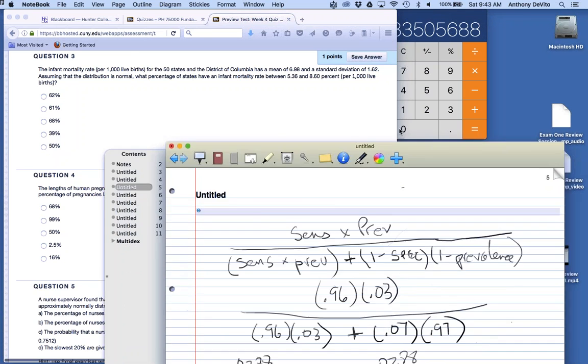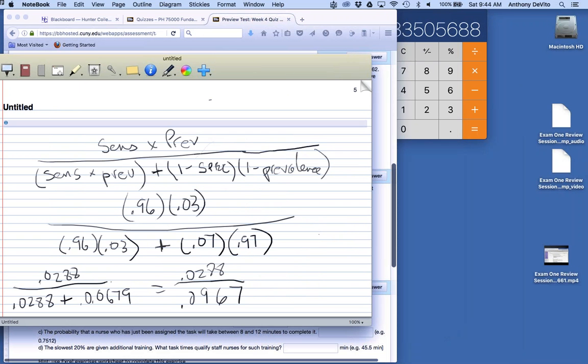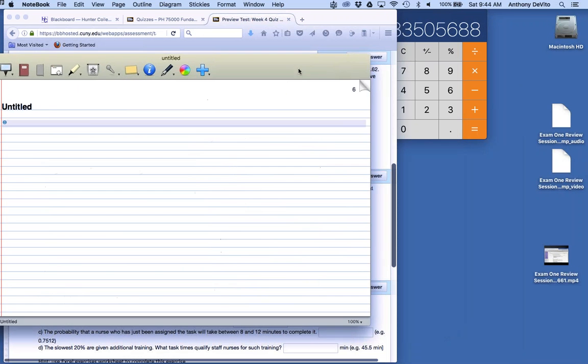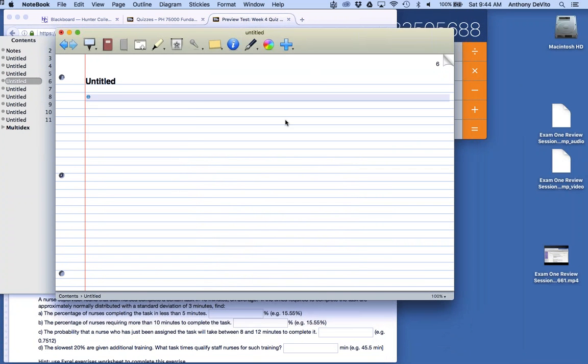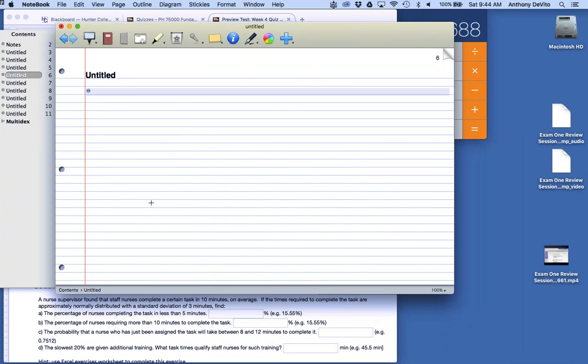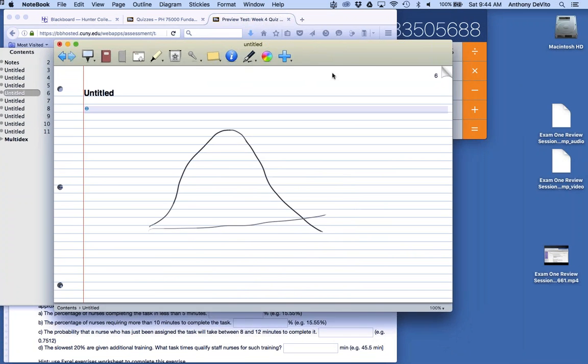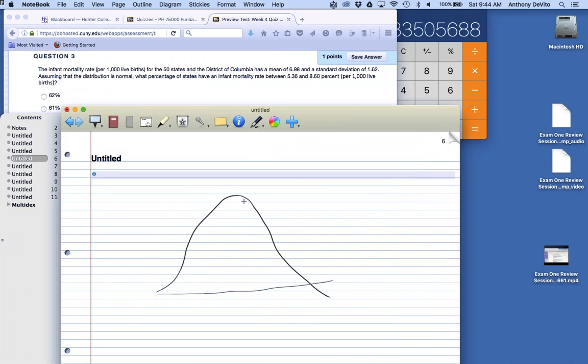I'm going to pull up a sheet of paper. These numbers for these 50 states, they said were normally distributed, right? And this distribution had a mean of 6.98, and a standard deviation of 1.62.